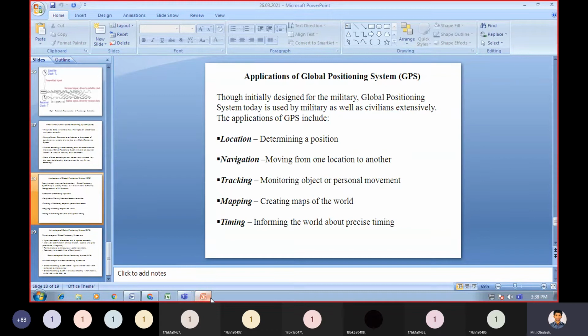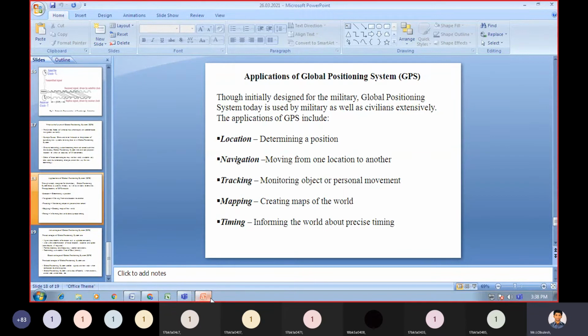Next, mapping, creating maps of the world. With the help of the global positioning system only, we will be able to create the maps, using location, navigation and tracking.